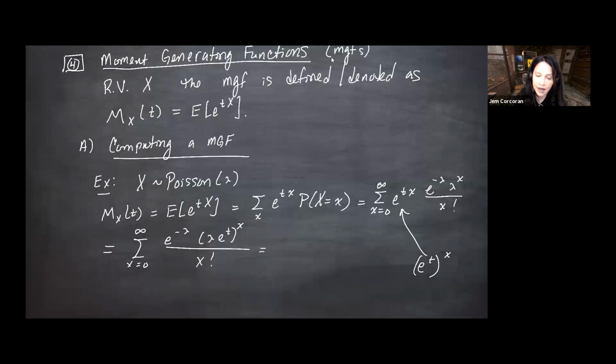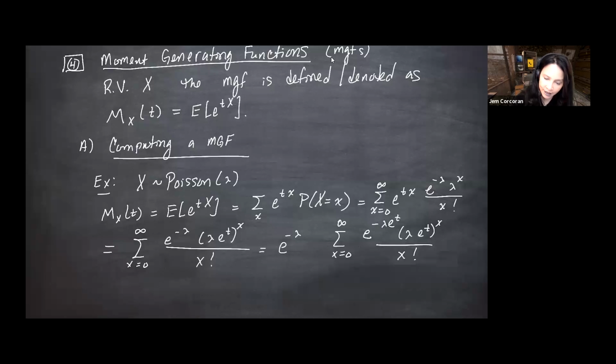I'm going to pull out the e to the minus lambda, and I'll leave a little space. I'm going to write in here what I want to see, which is e to the minus lambda e to the t, and then lambda e to the t to the x over x factorial. And in order to make that equal to the previous line, I need in front to put in an e to the positive lambda e to the t.